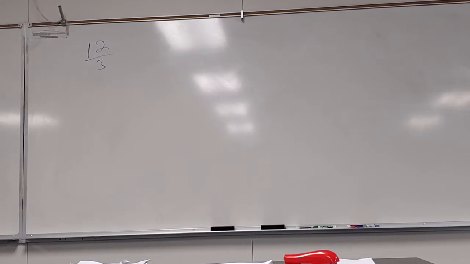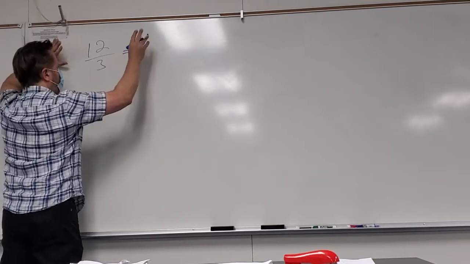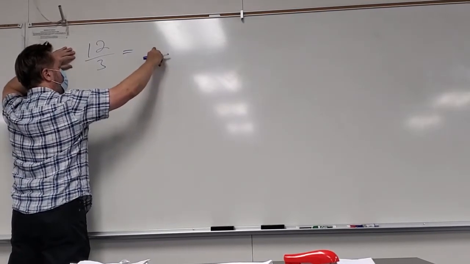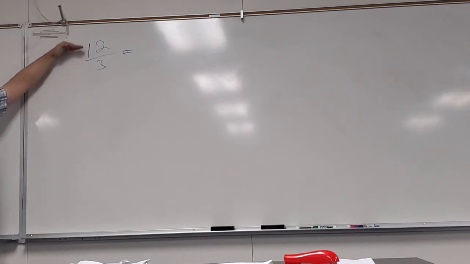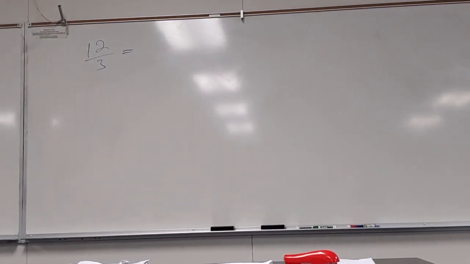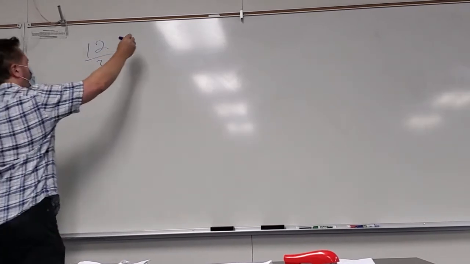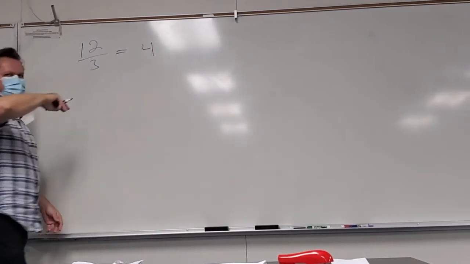I like it. So, one way to think of this is, we all know the answer to this problem, but the number that is the answer to this ratio represents what it takes 3 of to make 12. So obviously we know that number is 4.